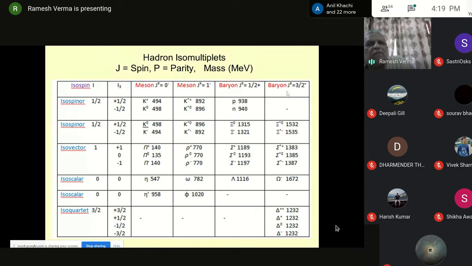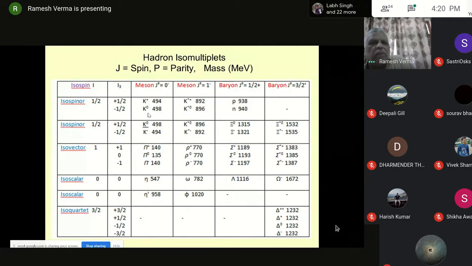By the way, there is another way of calling these hadrons which we have picked up. That is S-wave hadrons. This is just a name, I will explain some other time. If I restrict this, I have an isodoublet, and another isodoublet also, that is K0 bar and K minus.